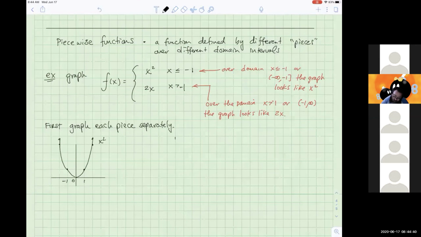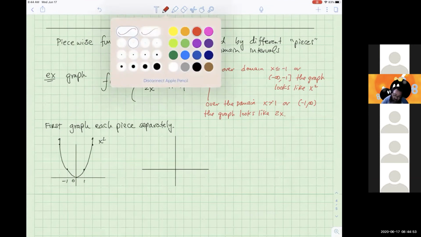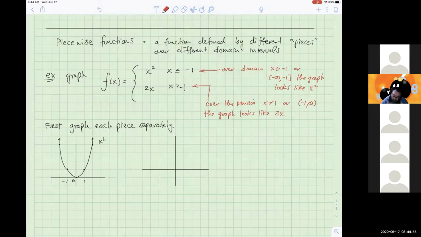And 2x is a line that goes to the origin with a slope of 2.